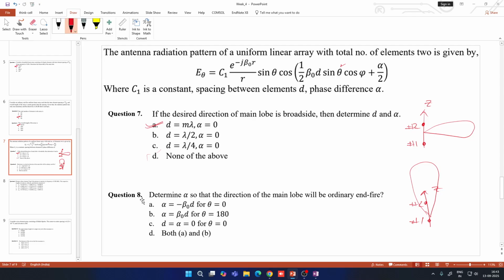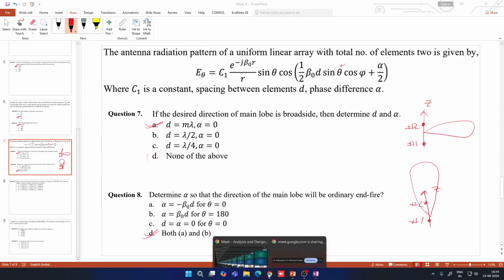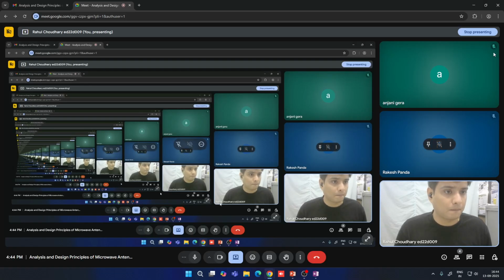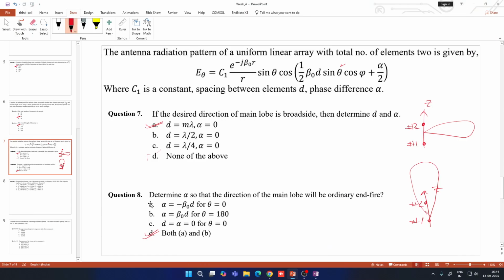So both option A and B are correct, so option D is correct. I hope this question is clear. If you have any doubt in this, please let me know. If this is clear, we will move on to question number 9.